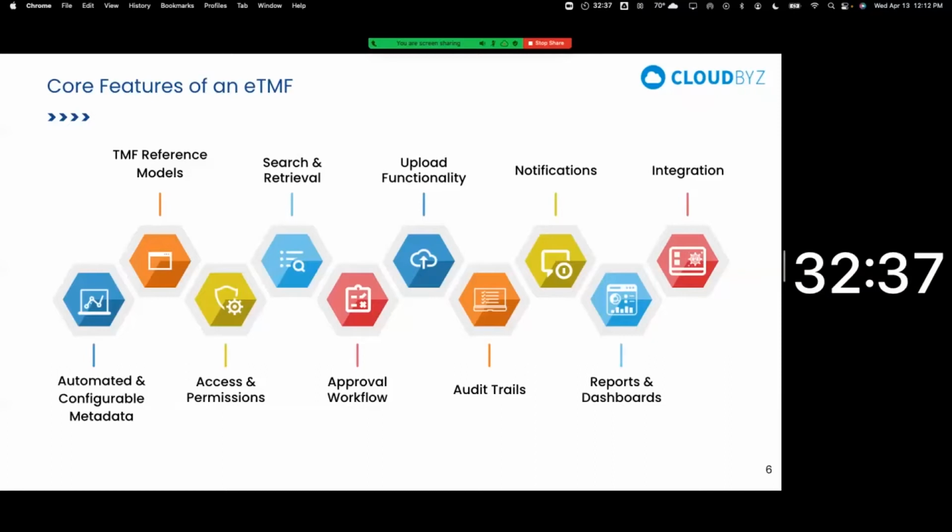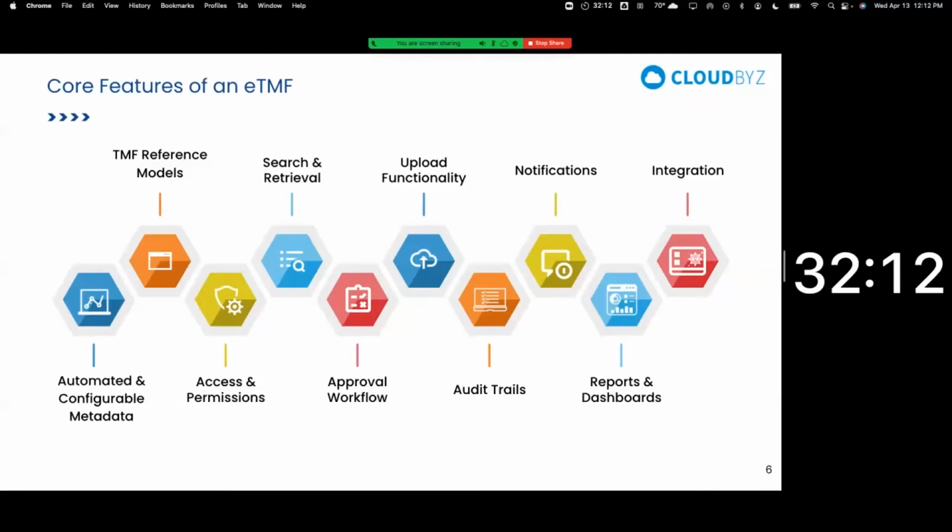So the system should be able to cater to all our different requirements. The access levels also need to be at the study level, at site level, and at individual user level. So the sites should be able to see or not see if they do not have access to eTMF. Similarly, a project manager should only be able to see the eTMF folders for their individual studies.